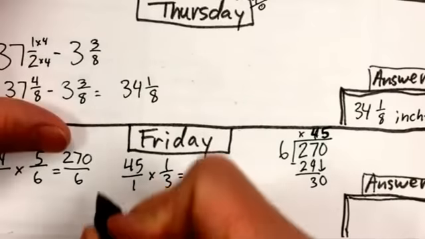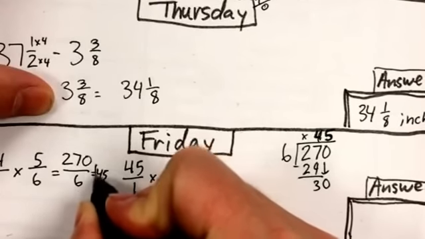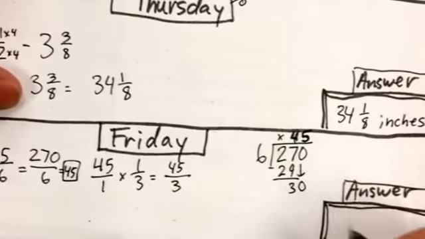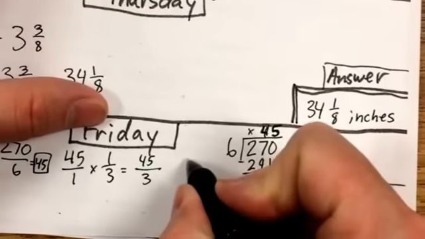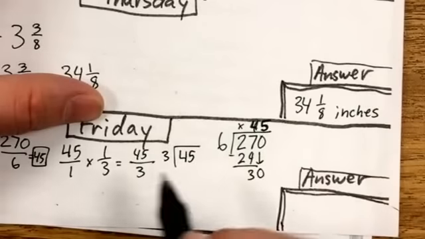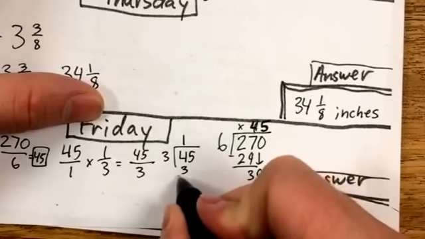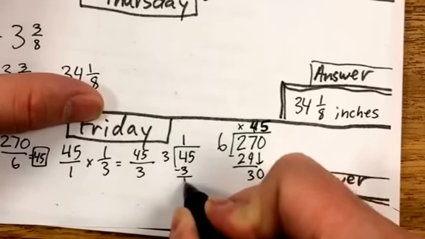So that is another division problem. Let me put 45 over here. That is another division problem, so I'm going to work that out right next to that. So I'm going to have 45 divided by 3. 3 can go into 4 one time. 1 times 3 is 3. 4 minus 3 is 1.